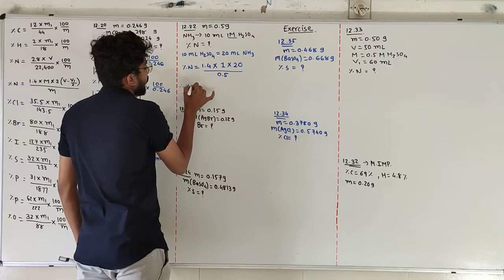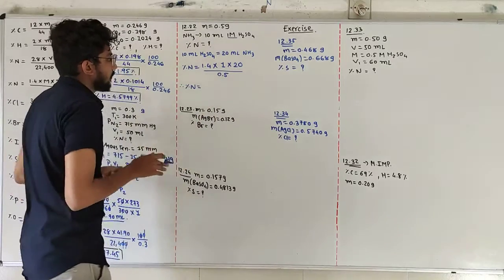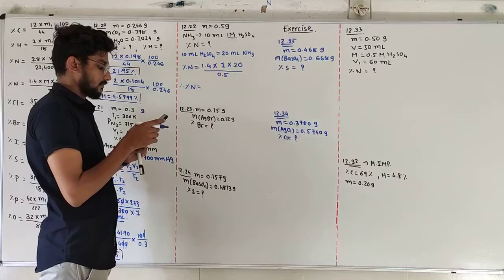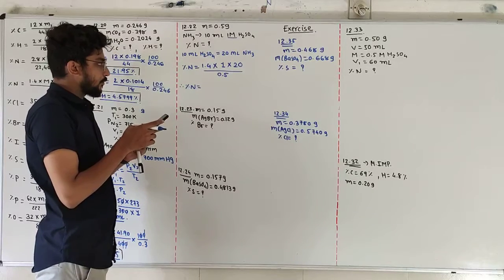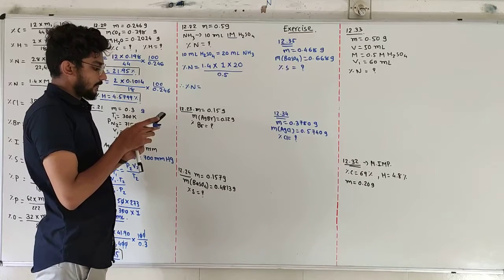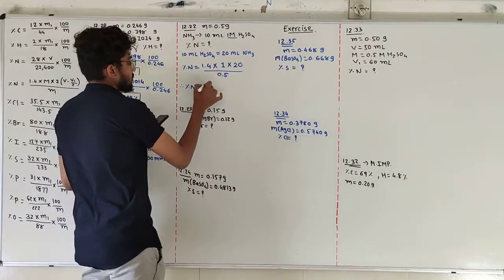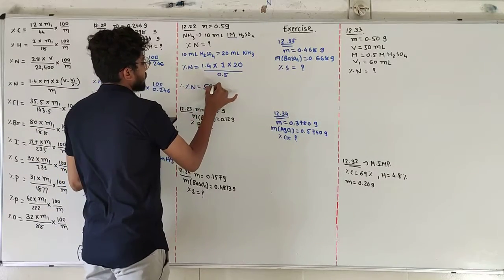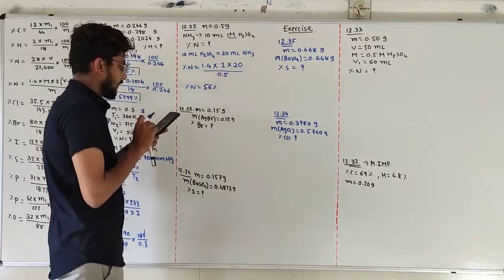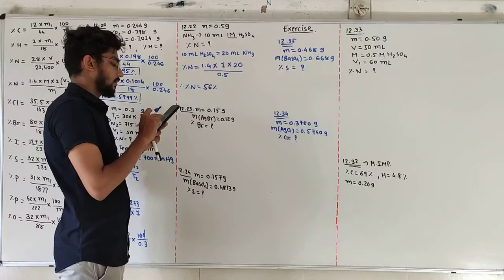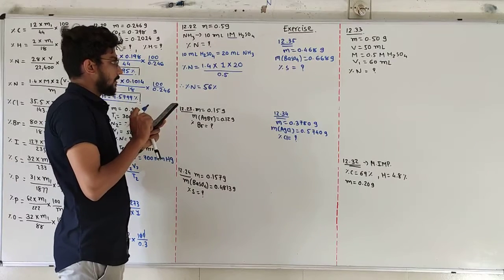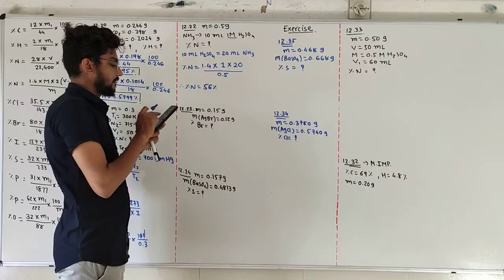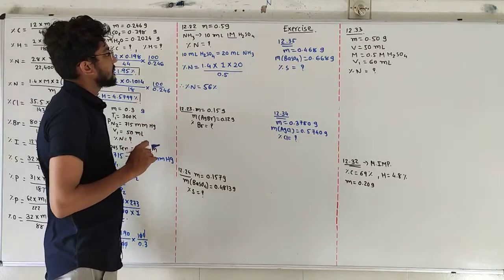So percentage of nitrogen will be equal to 2.8 into 20, which means 56%. Or we can calculate 1.4 into 20 divided by 0.5, so 56.